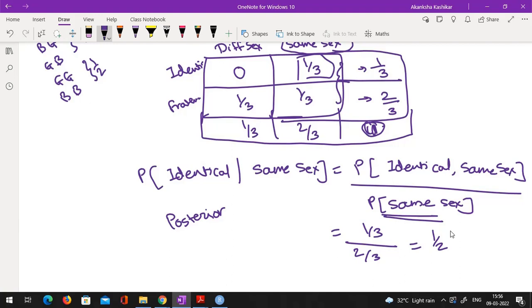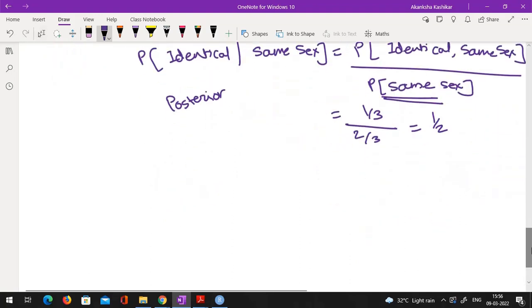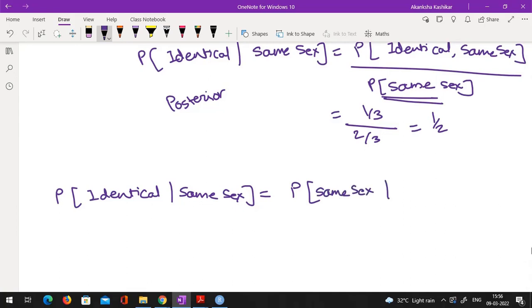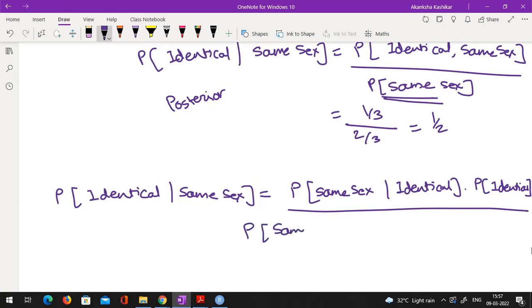So this same thing I could write in a slightly different form. The probability of identical twin given same sex: the joint probability I could write as another conditional probability, this conditional into this marginal, divided by the probability of same sex given identical into identical, plus the probability of same sex given fraternal into fraternal.